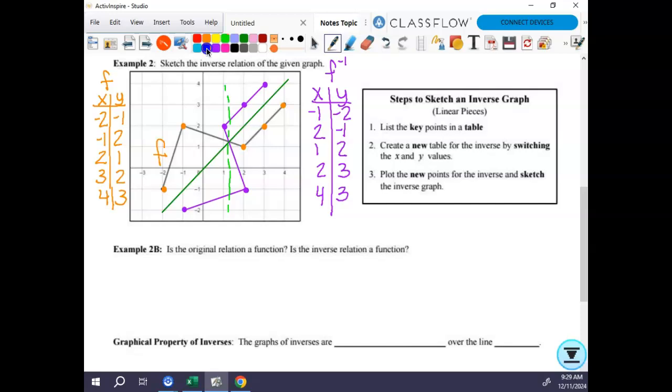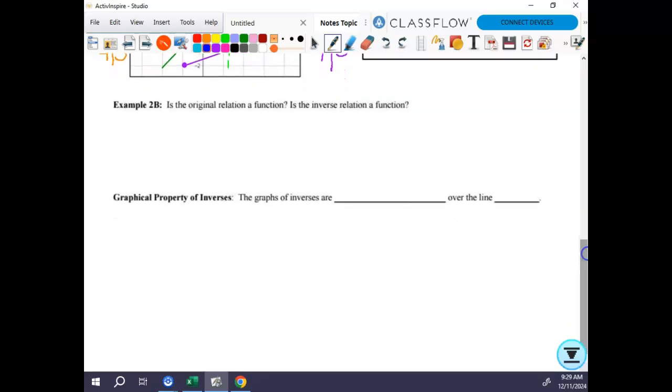Here's the way we say it. It says, is the original relation a function? So we are going to say, yes, F is a function because each input, so we're not even talking about x's and y's, we're talking about them as inputs and outputs, because they're not always x and y.